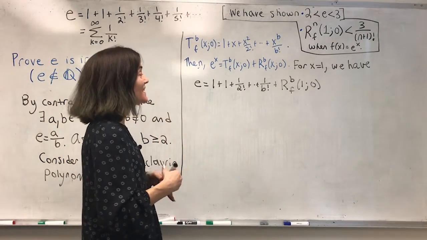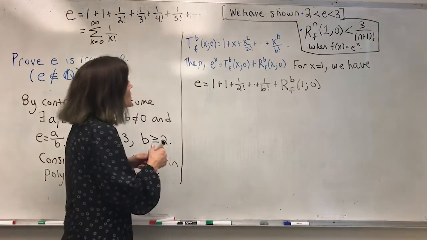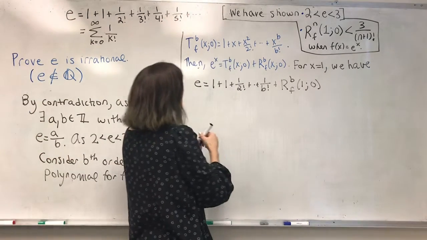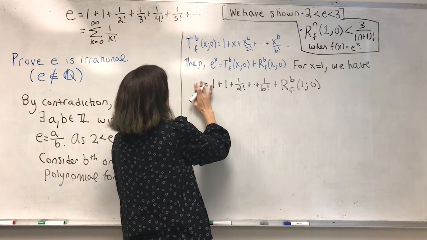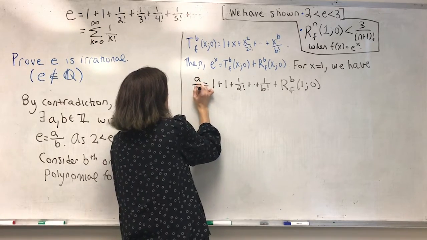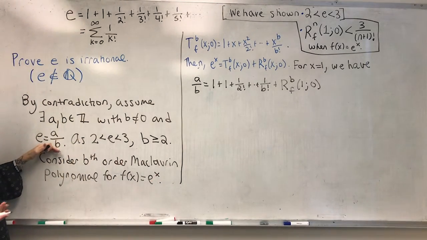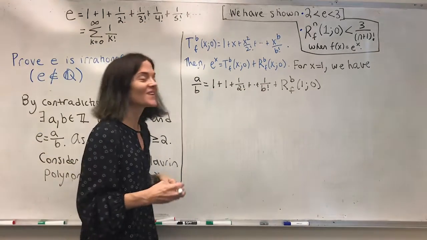Or using this here, e is a over b, we really have that this sum here is equal to a over b. Okay, so I've used this here, that e is equal to a over b. This is really what I need to express it because I have b's on both sides of the equation.